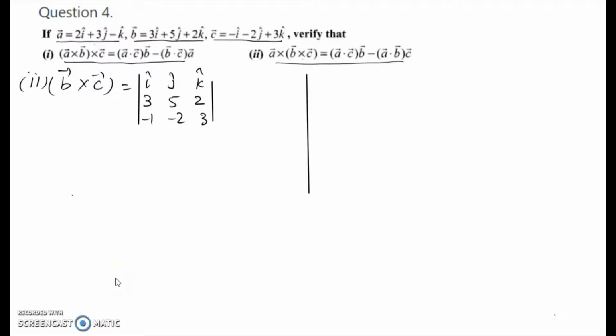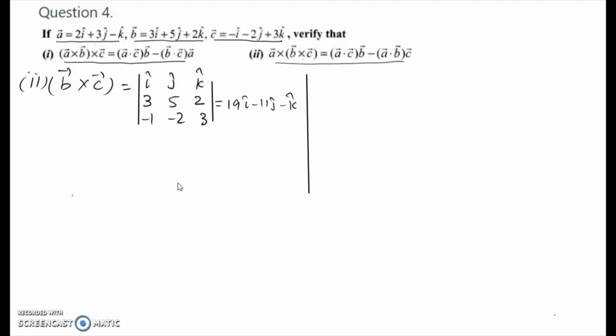Solving this, we will get 19 I cap minus 11 j cap minus k cap.